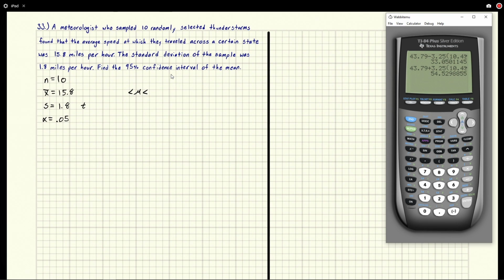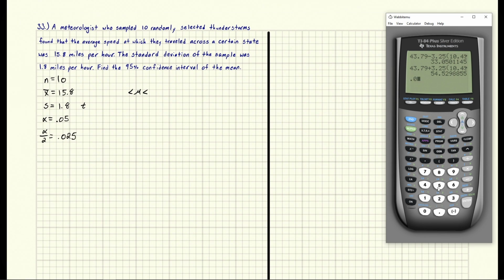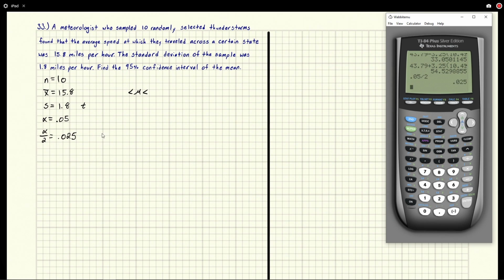So half of the alpha is below and half is above, so alpha over 2 is 0.025. I recommend quickly typing it in and dividing by 2 just to be extra safe that you didn't miss a decimal. This is the alpha we're going to use for our t-score.